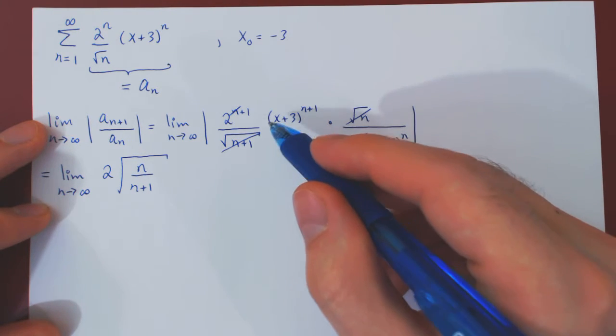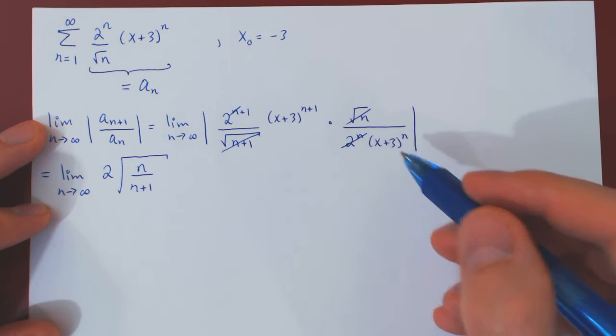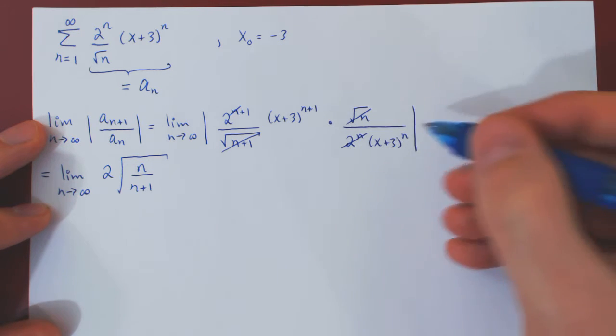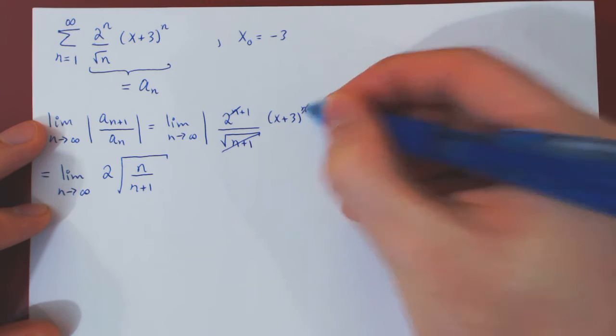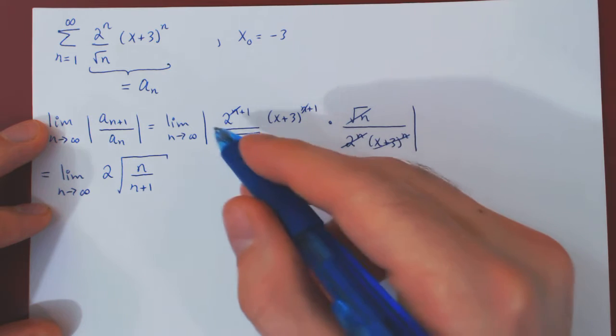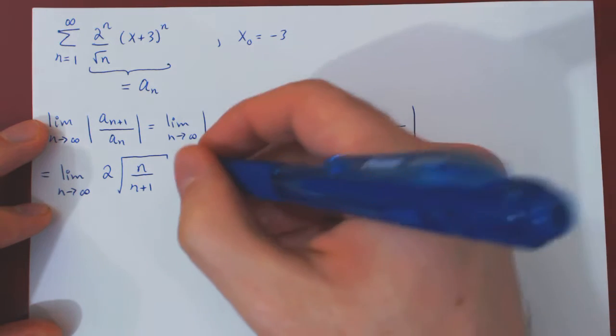And we can of course simplify x plus 3 to the n plus 1 divided by x plus 3 to the n. Well, n plus 1 minus n is 1, so this cancels, and we're left with the power of 1. But as x plus 3 could be negative, we have to keep the absolute value on this term.